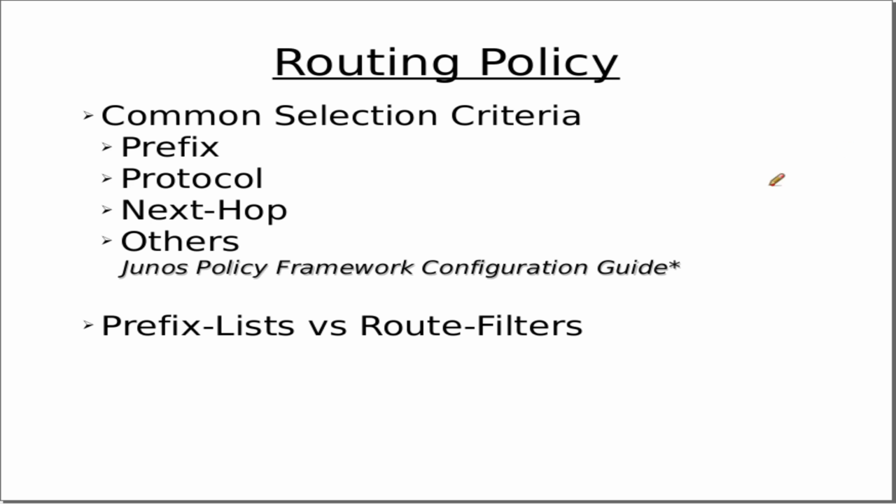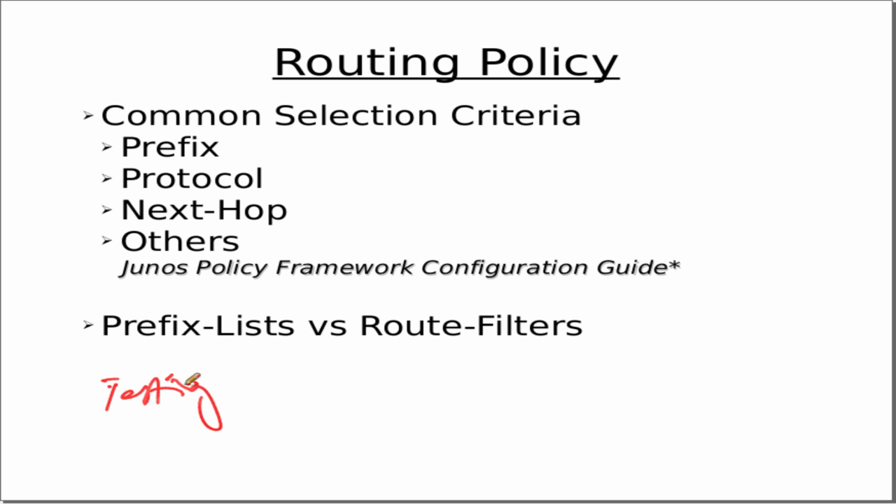And what a prefix list is, just like I had mentioned earlier, is that we can define an IP address with a particular subnet mask. So let's say if I define that prefix list, let's call it prefix list testing.